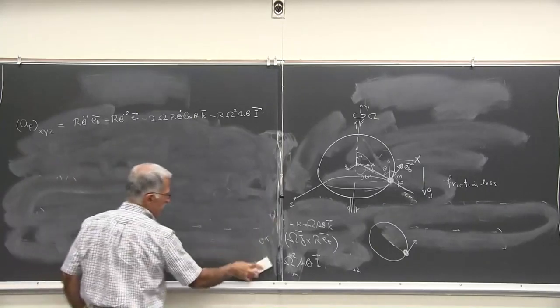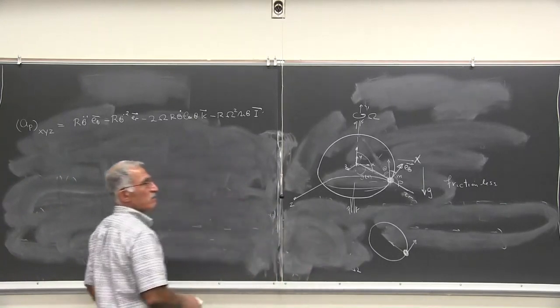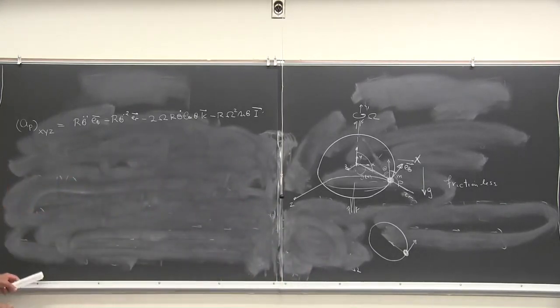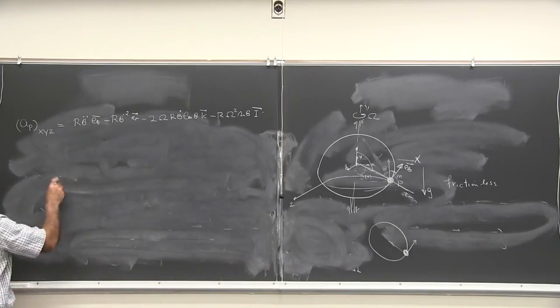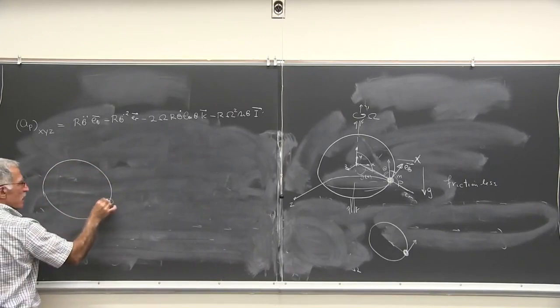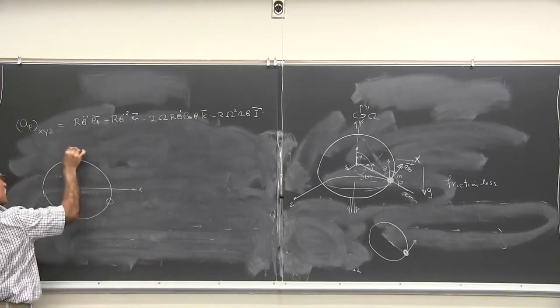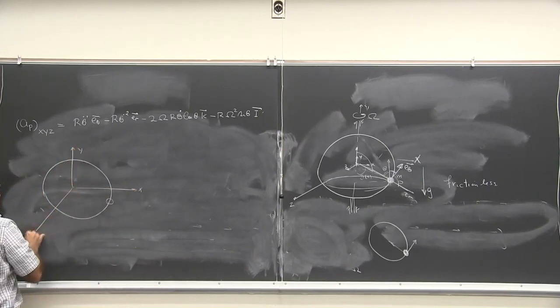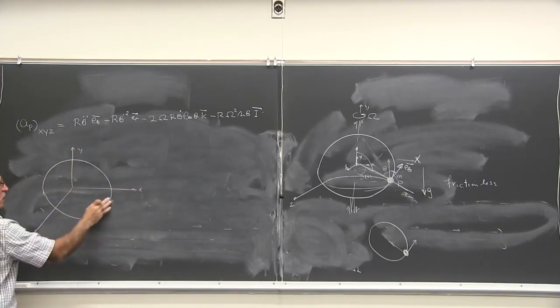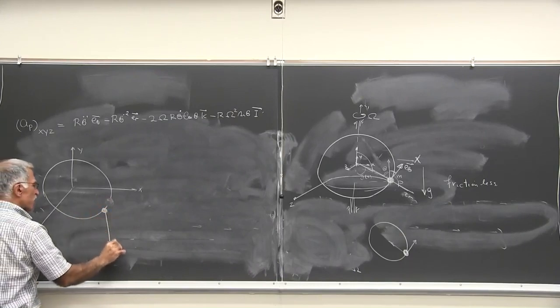Now you have to go ahead and make a free body diagram. What is going on? If you make a free body diagram, this is my particle, and this is my capital X, this is my capital Y, and coming out of the page is capital Z. I have mg gravity here.